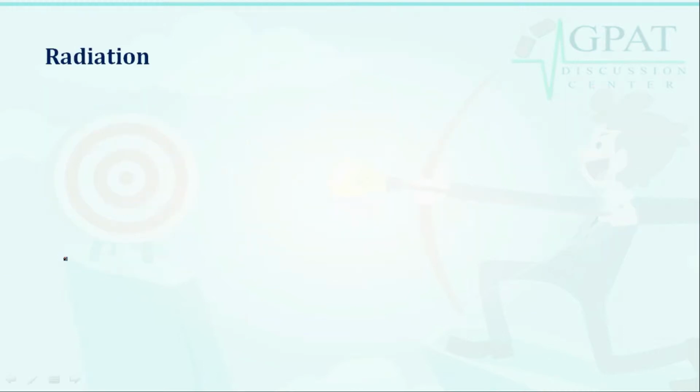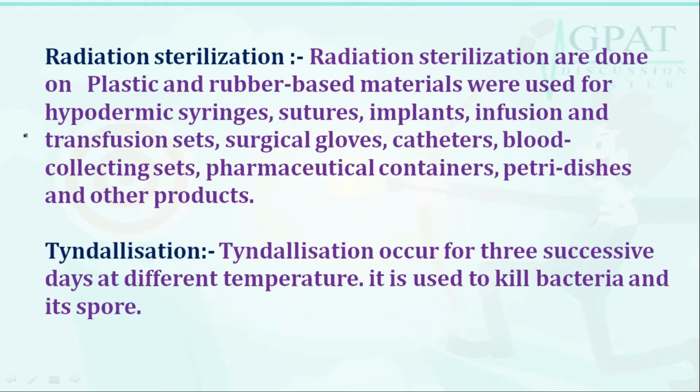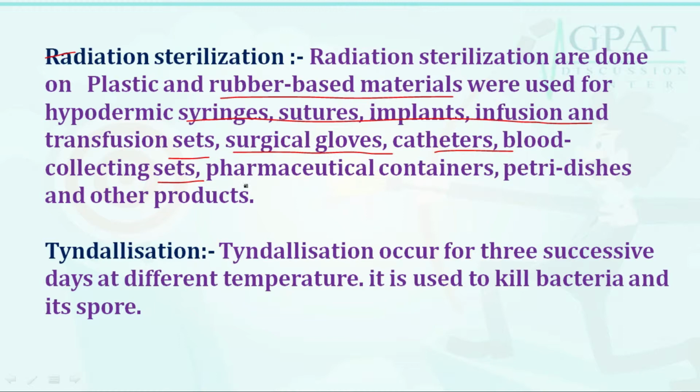Radiation sterilization is done on plastic and rubber based materials, such as hypodermic syringes, sutures, implants, infusion and blood transfusion sets, surgical gloves, catheters, blood collecting sets, pharmaceutical containers, petri dishes and other products. So students, just try to memorize these.